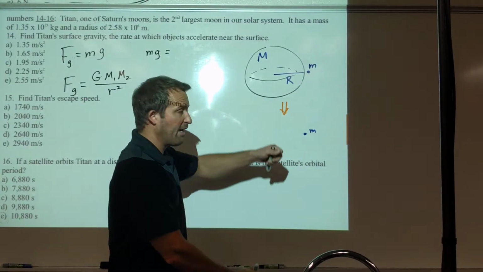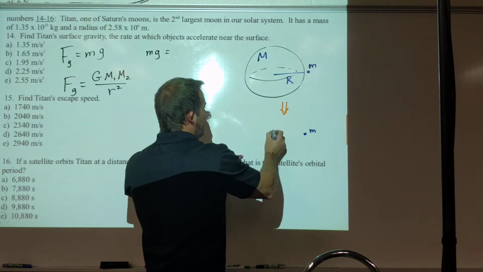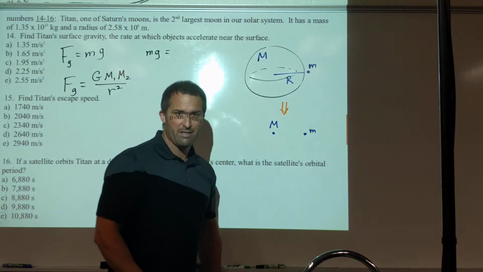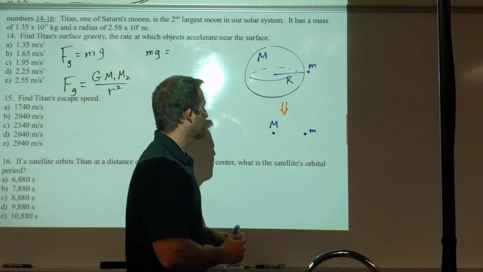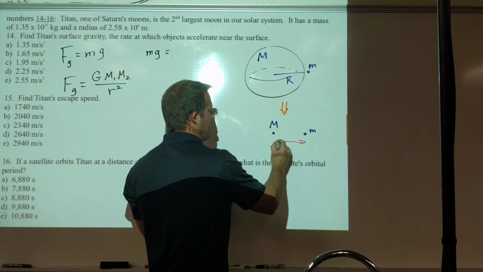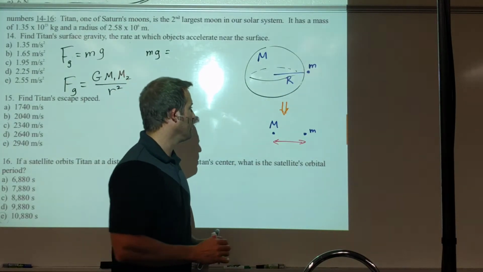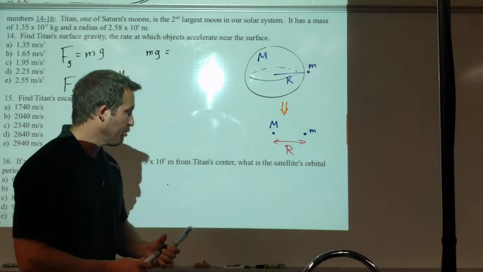And we can say, hey, I can take all of Titan's mass and concentrate it at its center. So I'm going to draw that right below the center. And there is all of Titan's mass. This is an equivalent mathematical problem. And we can see that in this equivalent problem, that distance, the distance between the two objects, should be the radius of Titan.